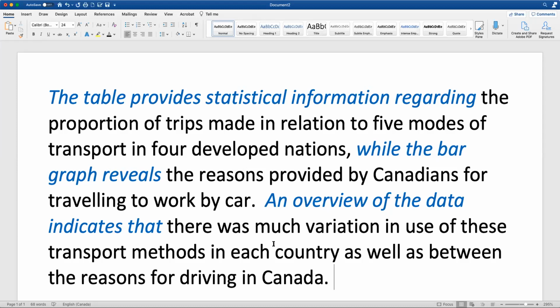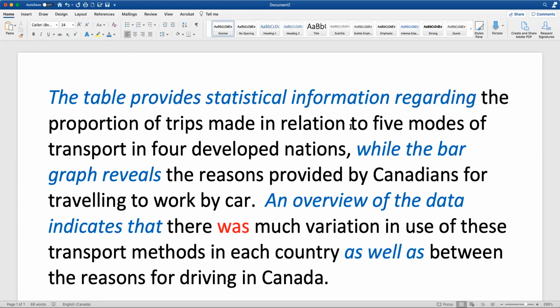Okay, so an overview of the data indicates that there was only 1 year here. So just was. Much variation means many differences. We could say many differences, but I just prefer to say much variation in use of these transport methods in each country, as well as also between the reasons for driving in Canada.